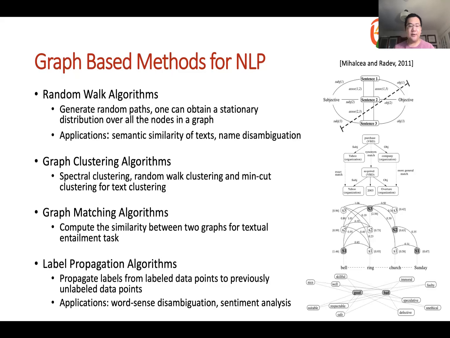People have also often used the label propagation algorithm because it can propagate labels from the labeled data points to previously unseen data points, so that they can later be used for, for example, word sense disambiguation or sentiment analysis.